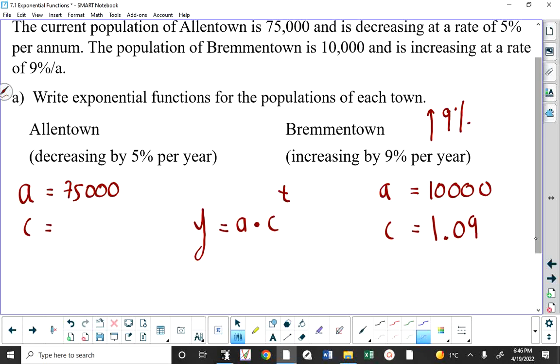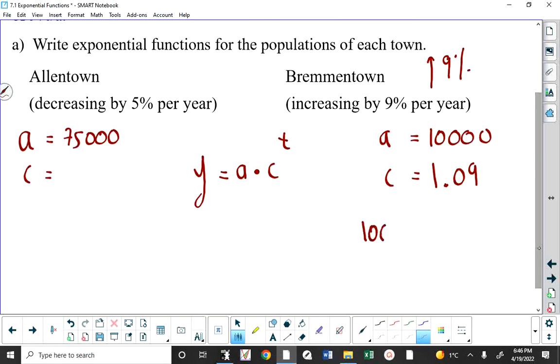So what's happening here is you have 100%, you're adding 9% to get 109%, which in decimal form is 1.09. In Allentown's case, you have 100% of the population, and at the end of the year you lose 5%.